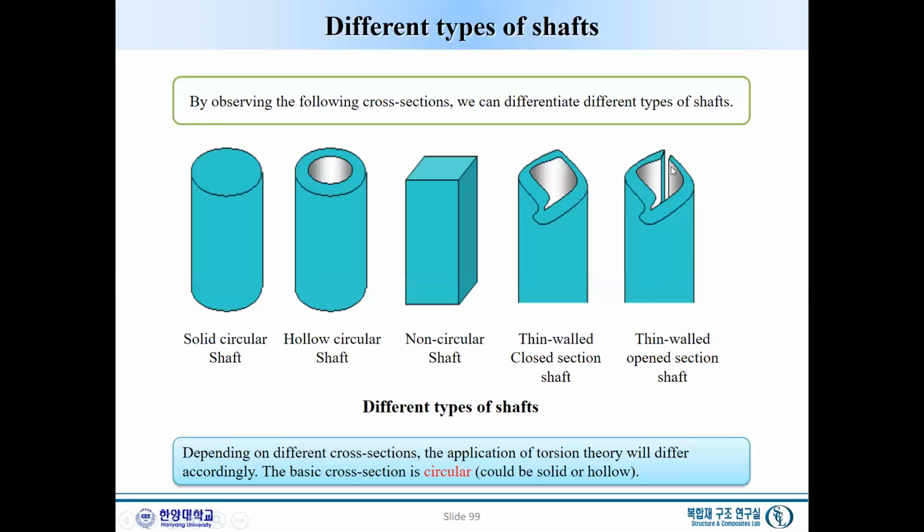Open means that there is a slot, so it is not connected all around, and the shaft with this kind of open section has very weak resistance compared to other closed sections. But anyhow, in our torsional theory, we mainly focus on solid circular or hollow closed circular shafts.